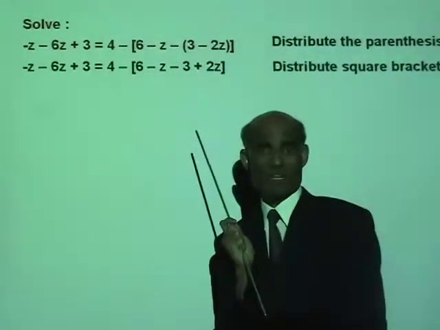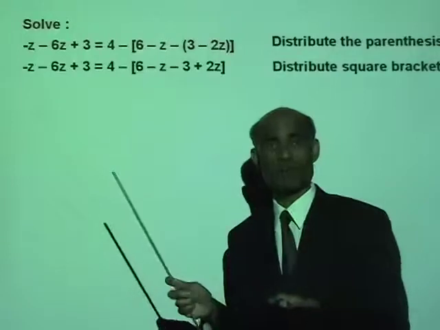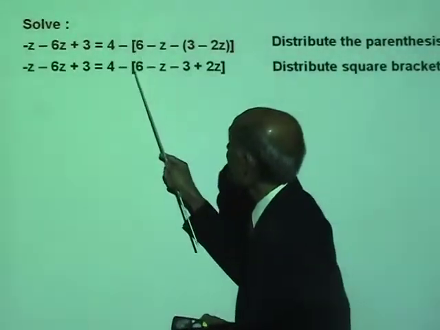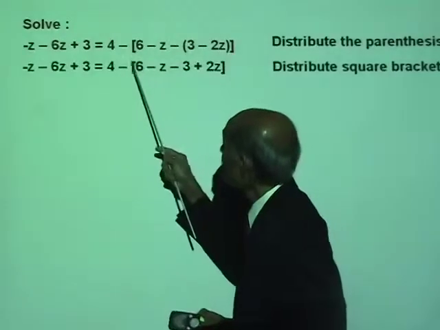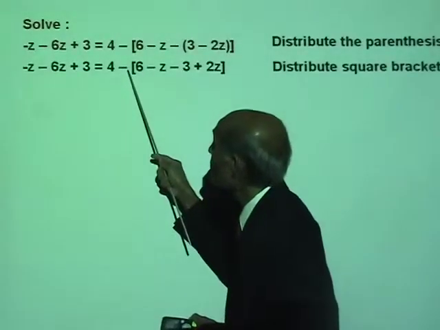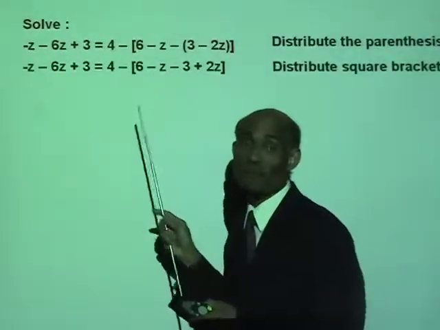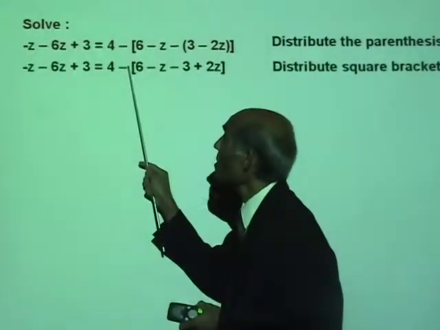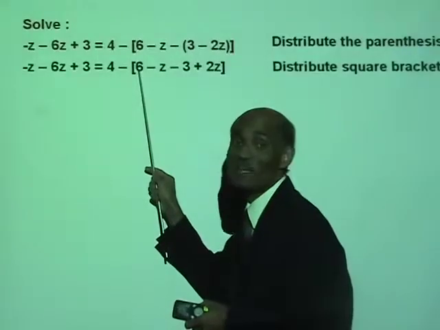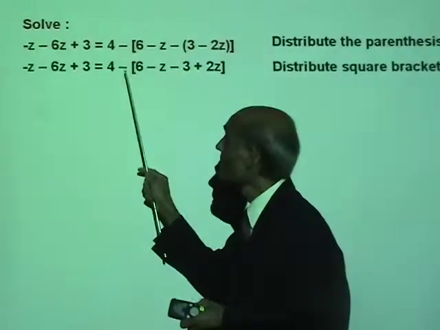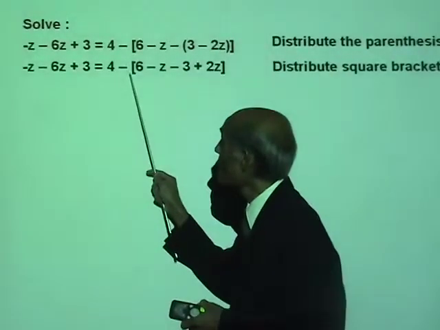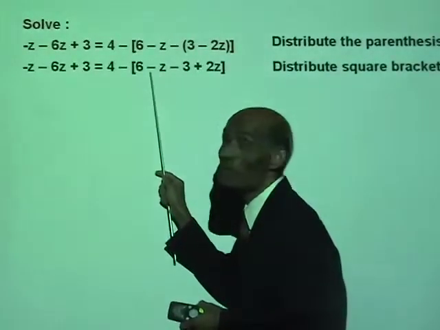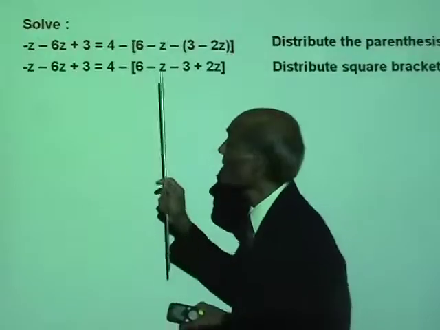Now, this is getting a little interesting. All these terms are inside the square bracket. Let's distribute that negative 1. Can you do that? Let's do that mentally. This negative 1 multiplied by 6 will be a negative 6. This negative 1 multiplied by the negative z will be a positive z.